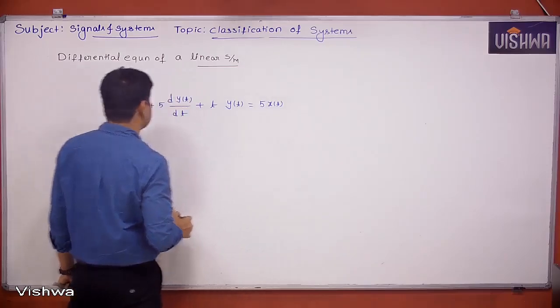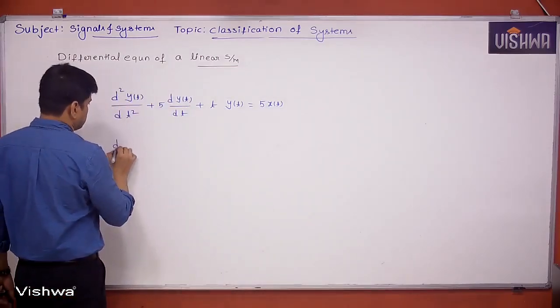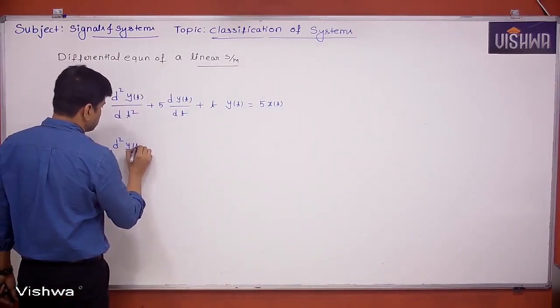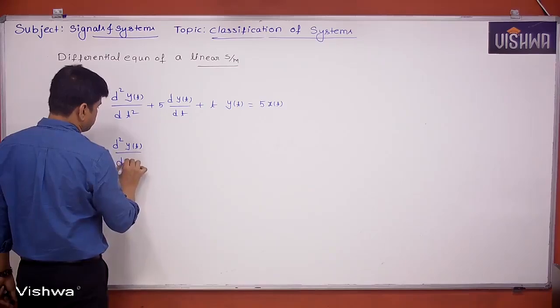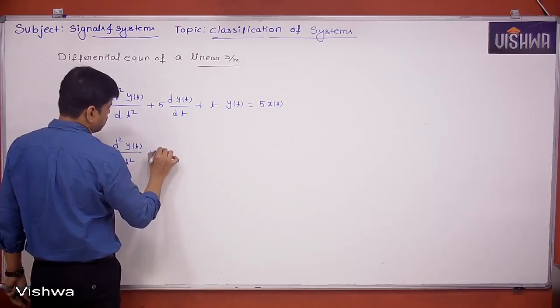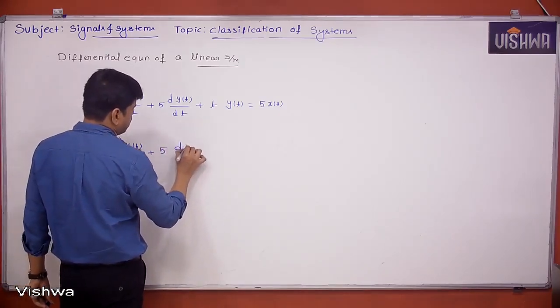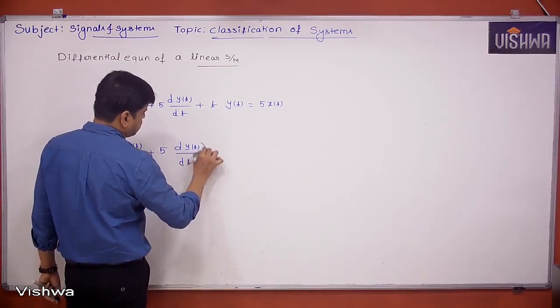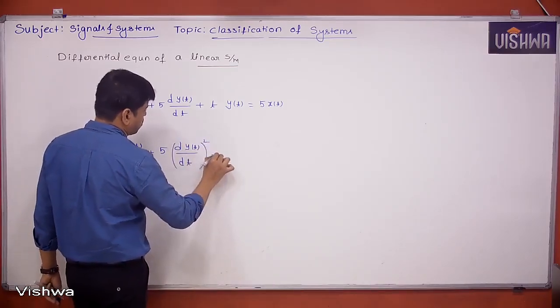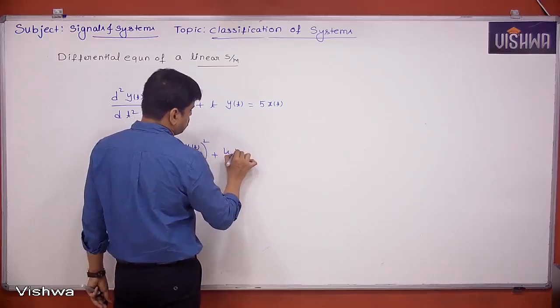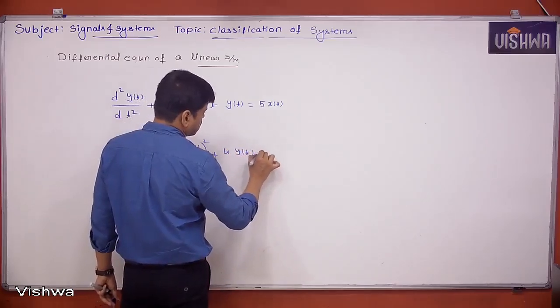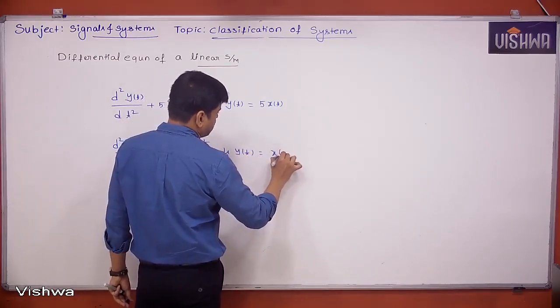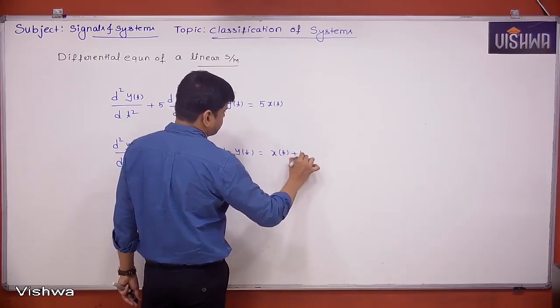Next, d square y of t by dt square plus 5 times (dy of t by dt) whole square plus 4y of t is equal to x of t plus 5.